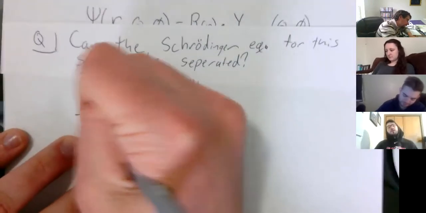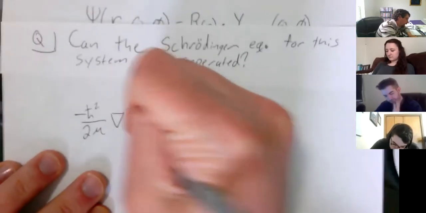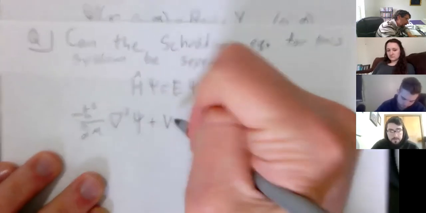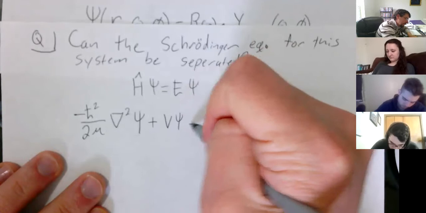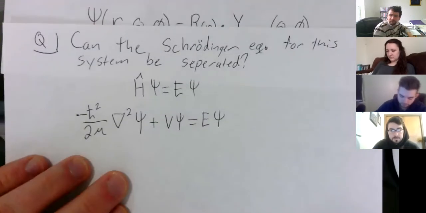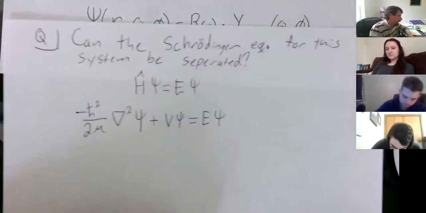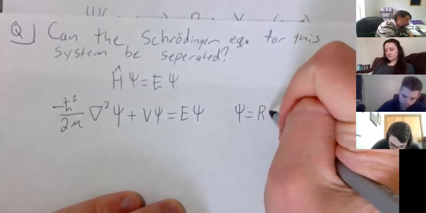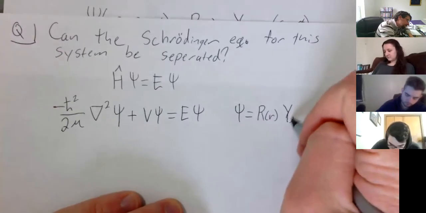We have negative h bar squared over 2 mu, gradient squared of psi, then we had that potential times psi is equal to E psi. But we said psi was made up of two functions. We said psi is made up of R and Y, right?